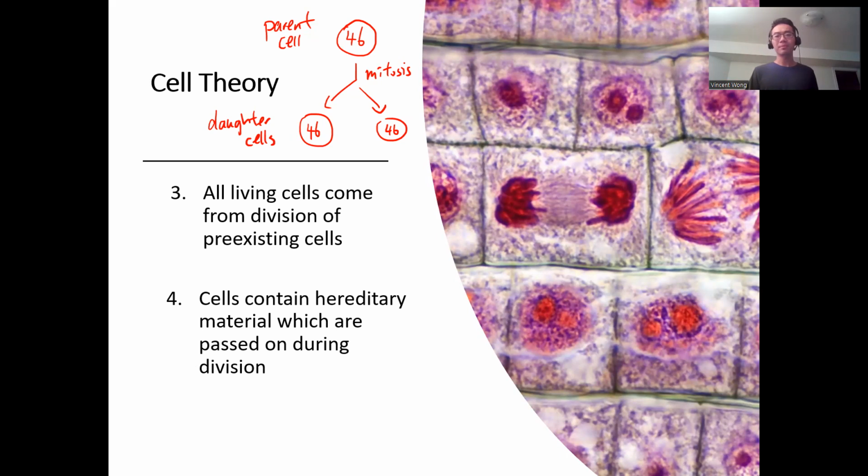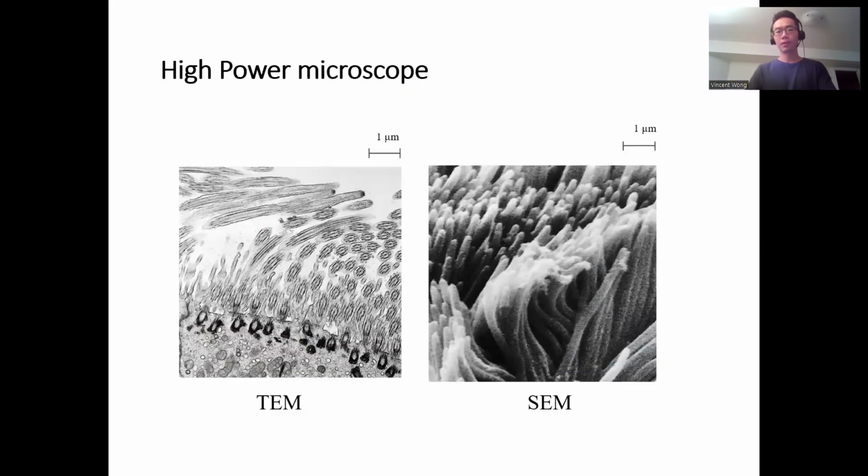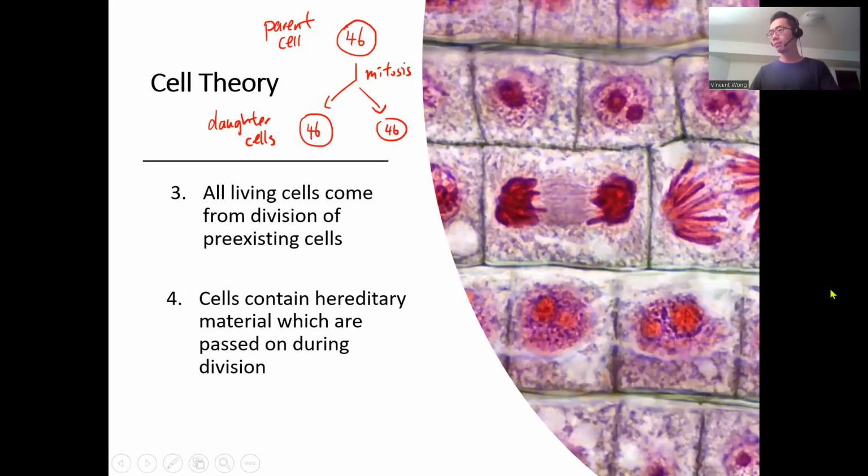It's coming. Anybody know what we're looking at here in the picture? What? It's a kind of plant. What is it? Anybody? Onion, exactly. This is onion, right?